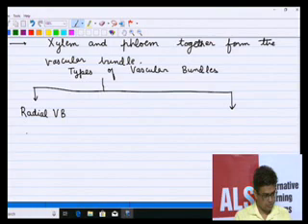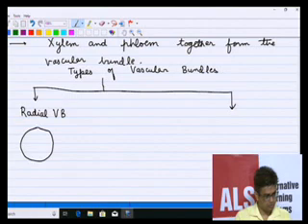In radial vascular bundle, the situation is like this. This is a cross section that I am showing you of the location of the vascular bundle, and in this there is a condition. Let us draw it by black only. Xylem I will draw with black, like this.